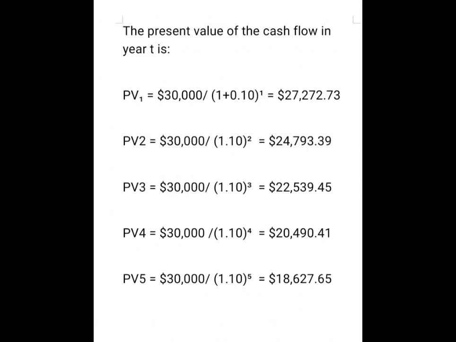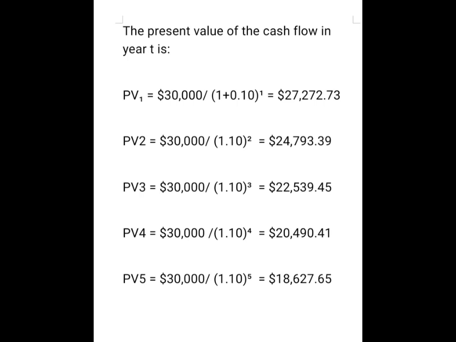Using the formula, the present value of the cash flow in year t: the present value of year 1 is 30,000 US dollars divided by 1 plus 0.10 raised to year 1, which equals 27,272.73 dollars.